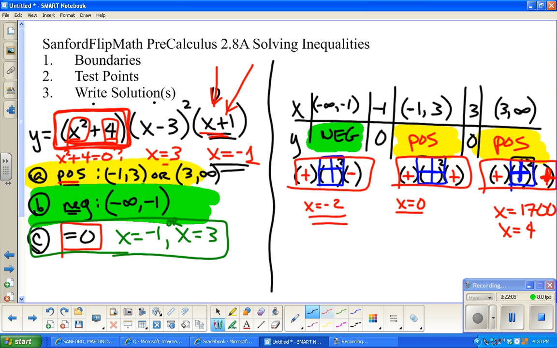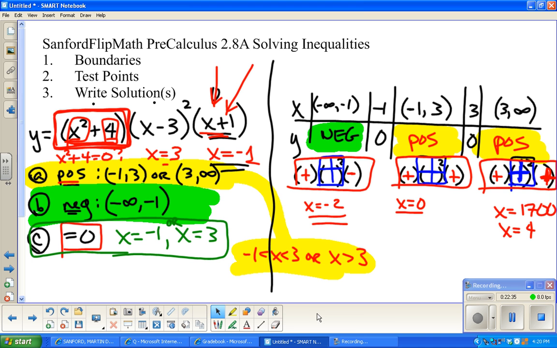Now, again, I know some of you are saying, come on, Mr. Sanford, you know I hate that notation. Well, just a reminder that I am perfectly fine if you want to write this a little differently. For instance, you can write -1 less than x less than 3, x greater than 3.